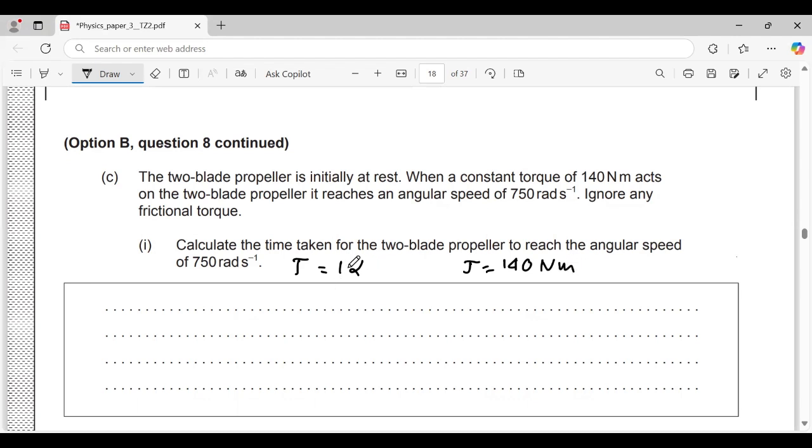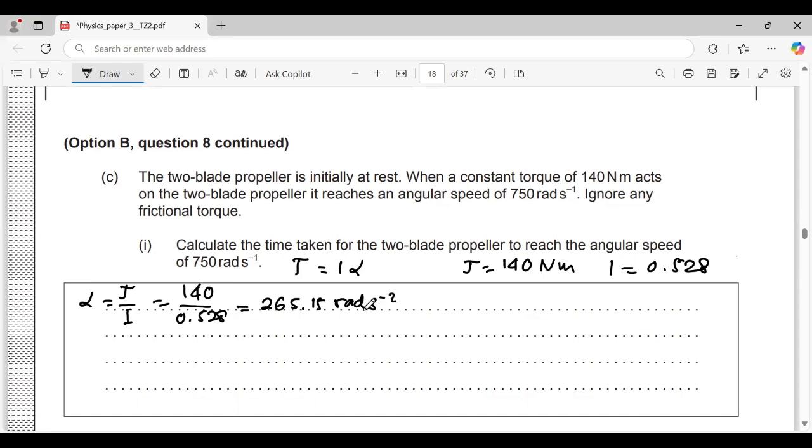And then I is moment of inertia, which is 0.528 based on our previous calculation. If alpha is the subject, we can rearrange this formula to become tau over I. And it is 140 over 0.528, and it is 265.15 radian per second squared.